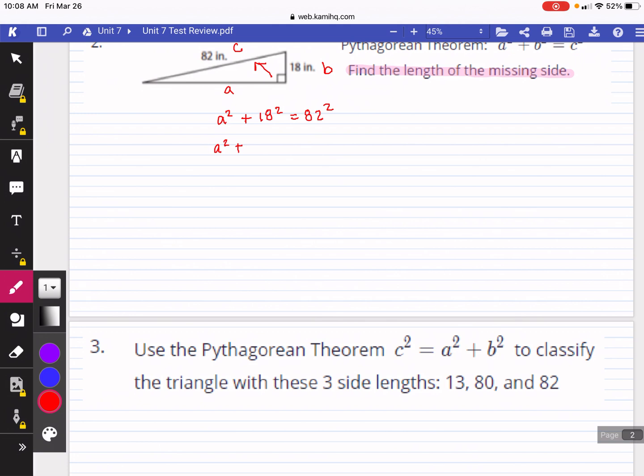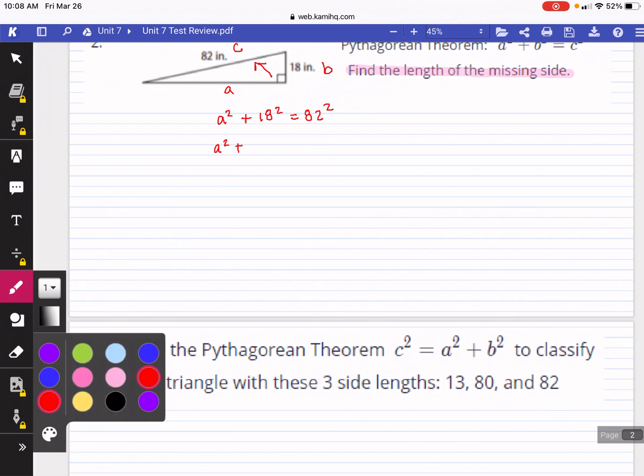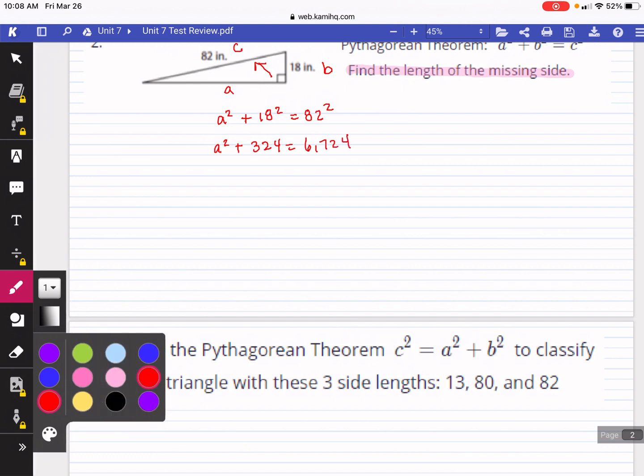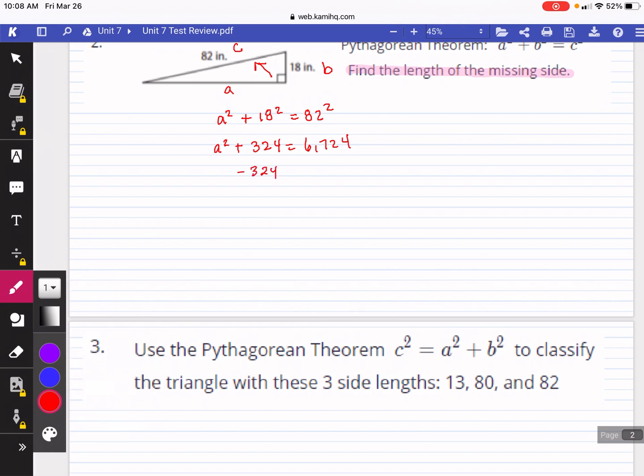So if I do 18 squared on my calculator, that comes out to 324. And if I do 82 squared, that comes out to 6,724. Now here, this one's different because these numbers are not on the same side, so you can't add them. Instead of adding, you're actually going to subtract.